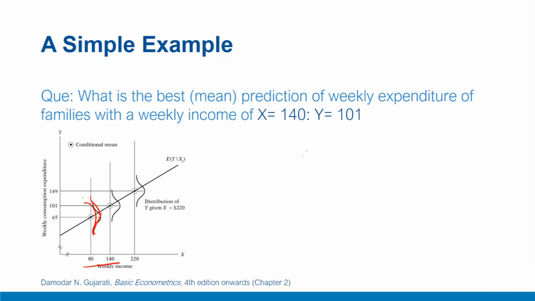We can get the conditional means for each given X. We can compute the expected value of Y for each given Xi, where Xi can be 80, 90 and so on. And once we have those conditional means, we can join them to get the regression line. Then our estimate of Y would be conditioned upon Xi. For any value of Xi, we can predict the value of Y.